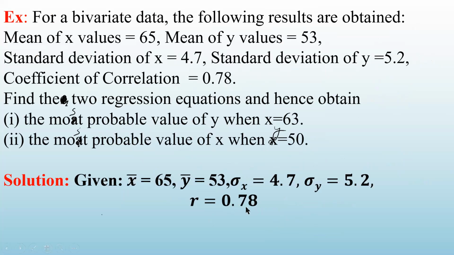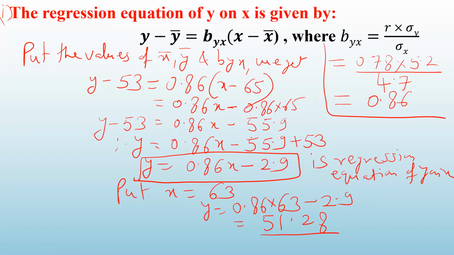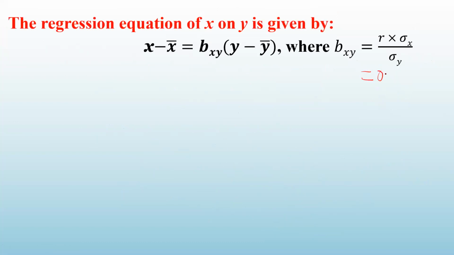See, r is 0.78. Sigma x is 4.7 and sigma y is 5.2. So 0.78 is r into sigma x is 4.7 divided by sigma y is 5.2. Okay.